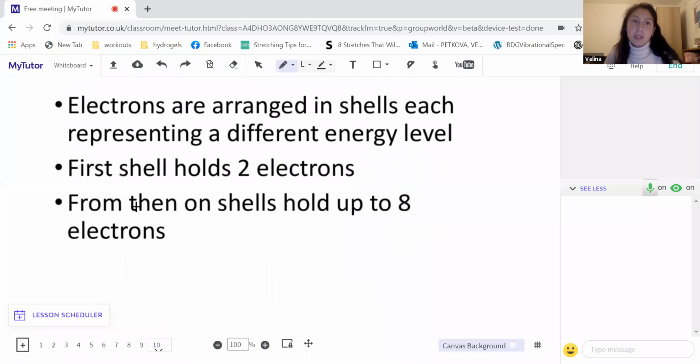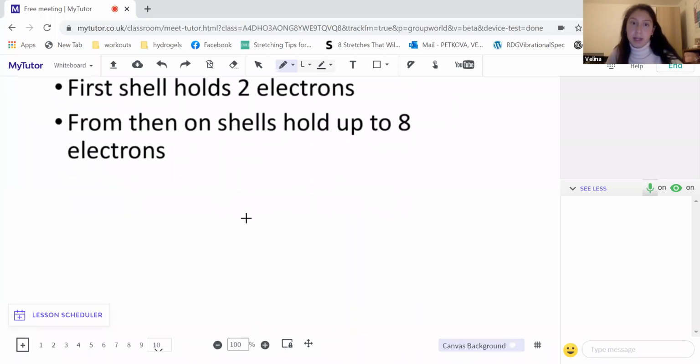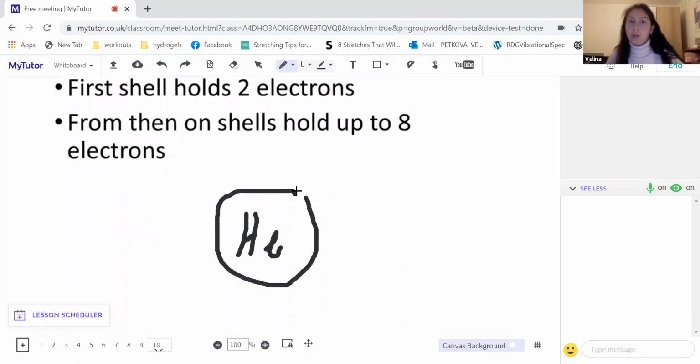Another thing to note is that the first shell holds only 2 electrons, and from then on, the shells hold up to 8 electrons. For helium, we have only 2 electrons, so we fill the lowest shell.